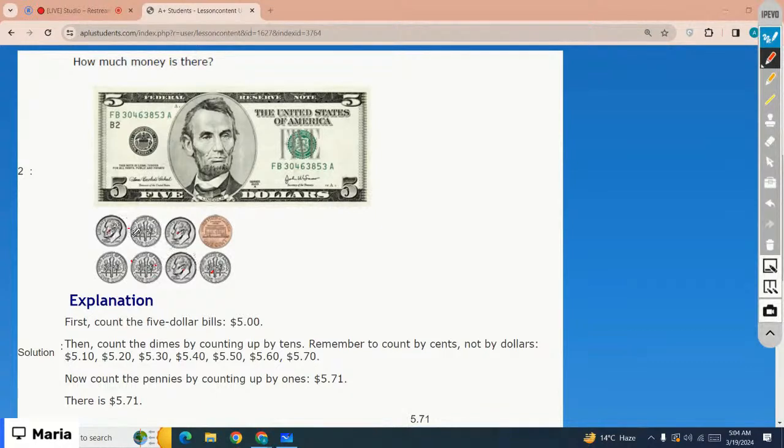So that means 10, 20, 30, 40, 50, 60, 70. That is $5.70. You're left with 1 cent, right? You have to add 1, so that is $5.71, right? The total amount you have is $5.71. Let's just start with the practice questions.